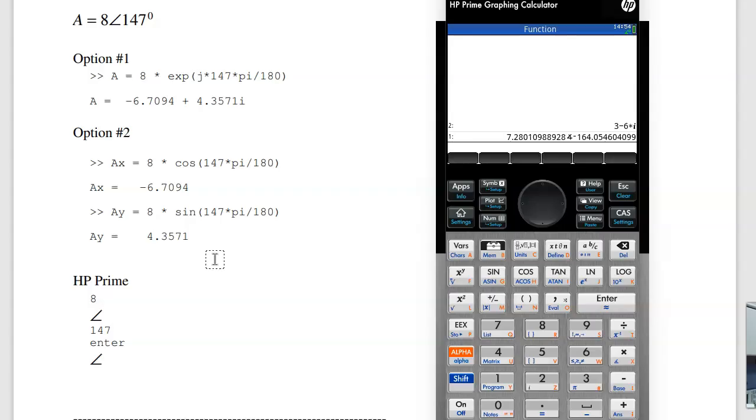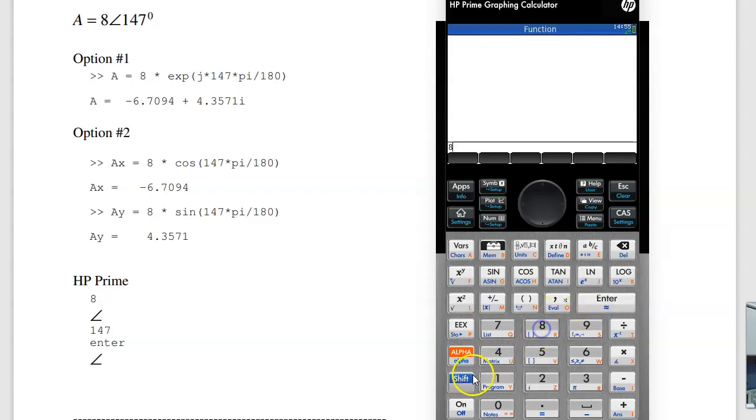I can do that in polar form as well. If I have a polar form converted to rectangular, the angle is e to the j theta. So you just do 8 times e to the j 147 degrees. Again, Matlab uses radians, so I have to convert degrees to radians to get the answer. I can also do it as cosine and sine: the real part is cosine, the complex part is sine. On the HP Prime, let's clear everything out.